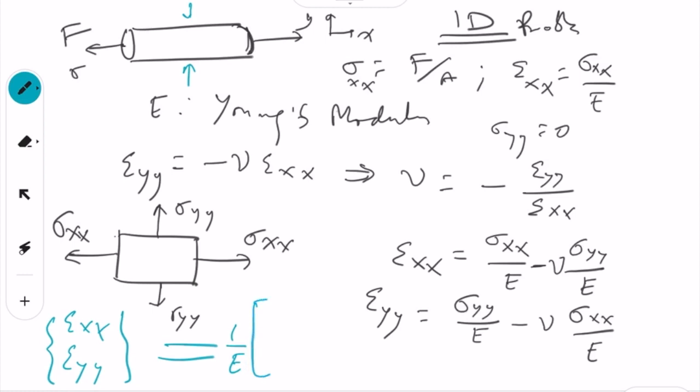and here we have sigma xx. Even we can take that out, we have basically 1 here, minus nu here, minus nu here, 1 here, multiplied by sigma xx, sigma yy.